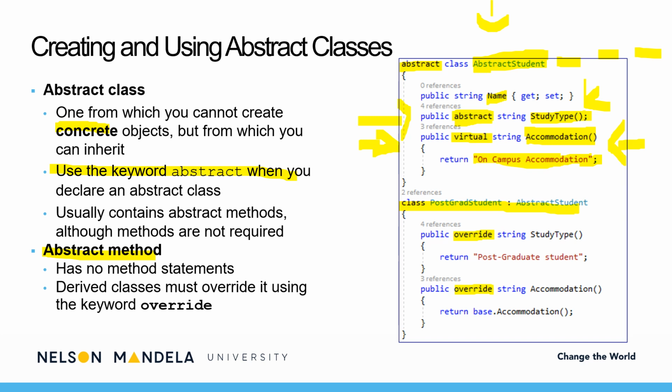You have to have the abstract keyword and then give it a data type, and then the method name, open close brackets. If you want to have parameters, you can, and then you close with a semicolon, since there's no code that you're going to have inside. The virtual method should have some implementation inside it. On its own, it can be called in a base class.